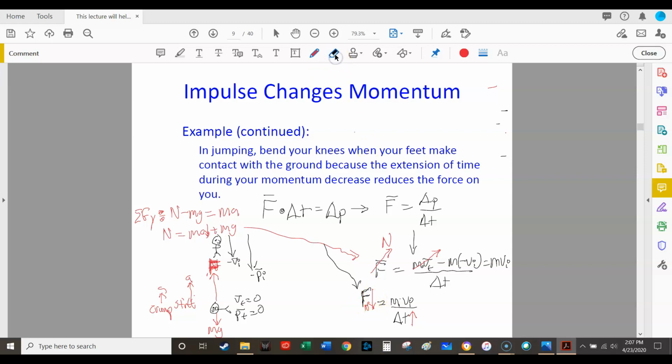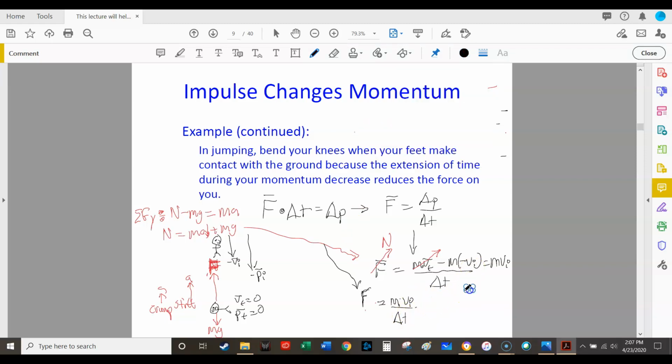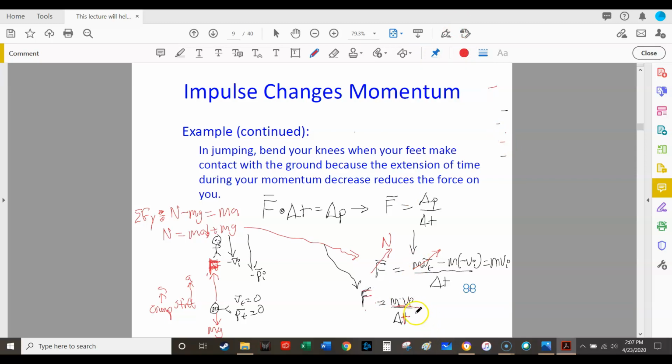On the other hand, if you land stiff-legged, by landing stiff-legged you're lowering your time of impact.